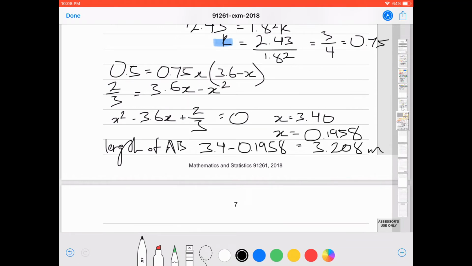Okay, and so length of the rail found, that is going to get you the excellence grade here. Your merit forms a quadratic, so this step here gets your merit. And achieved finds k, so this, our first set of working here, gets you the achieved. Okay.